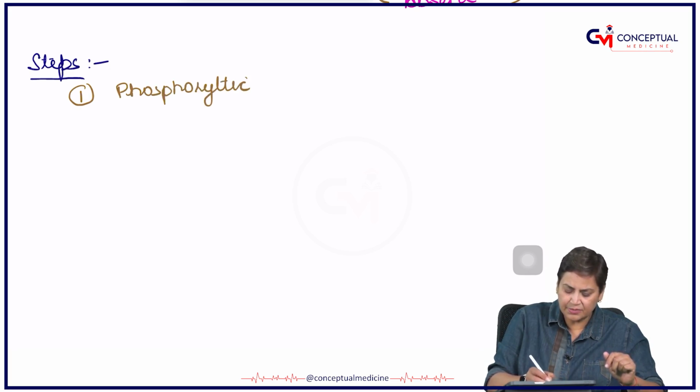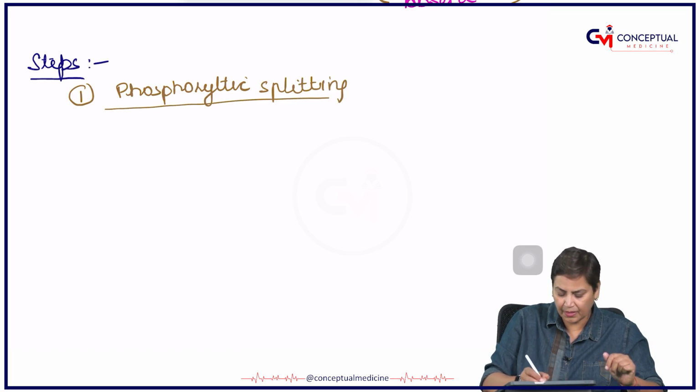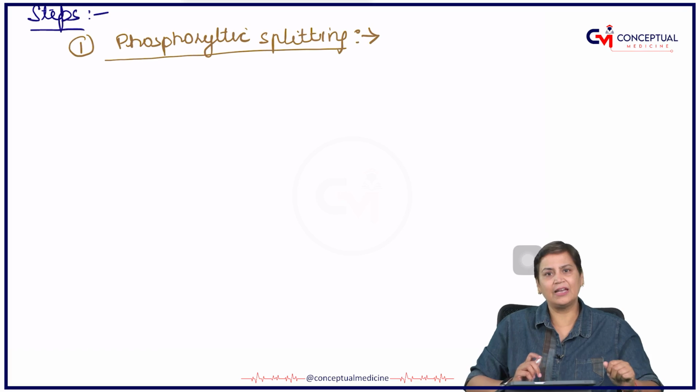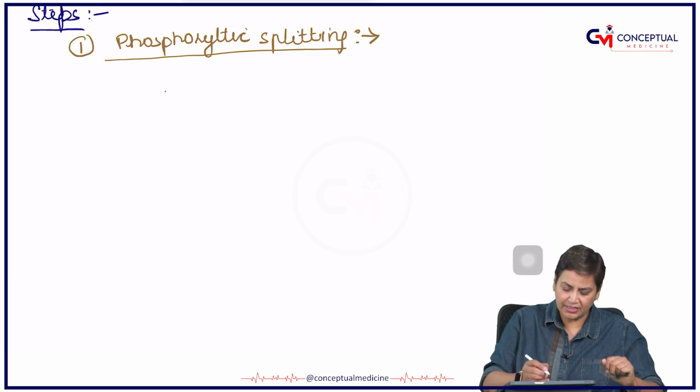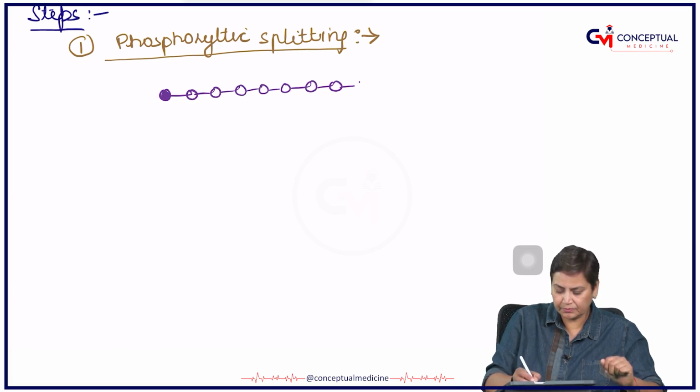Now, what do you mean by the term phosphorylytic splitting? Now see, we have glycogen with us. Glycogen is having this type of structure, that is what we have drawn earlier also.